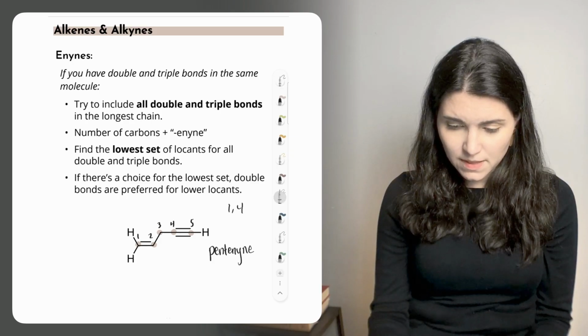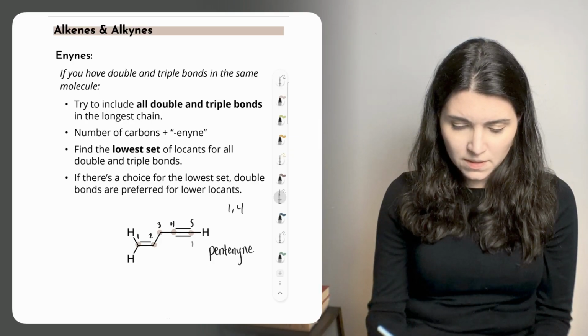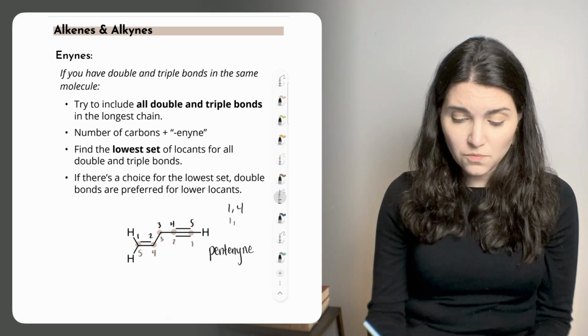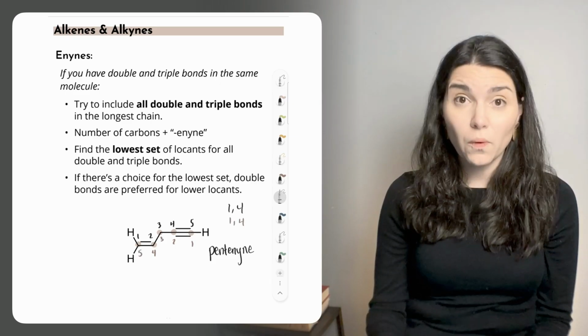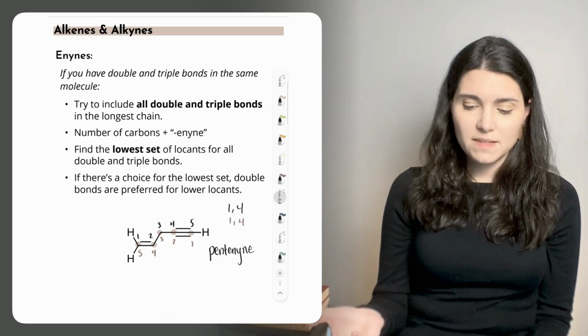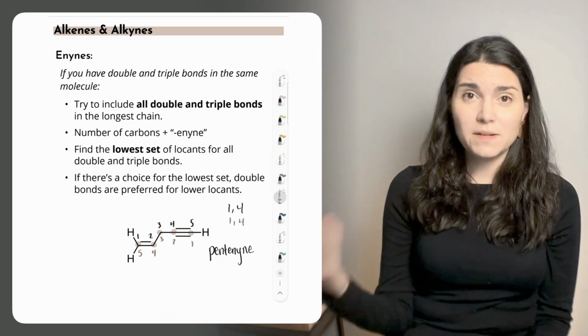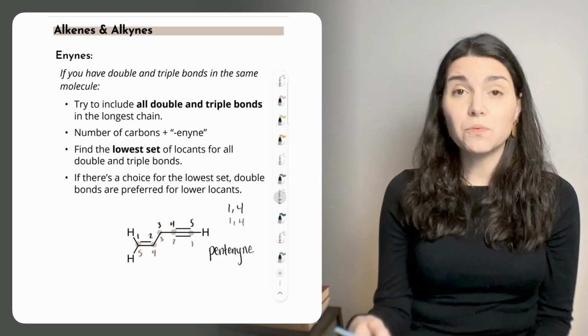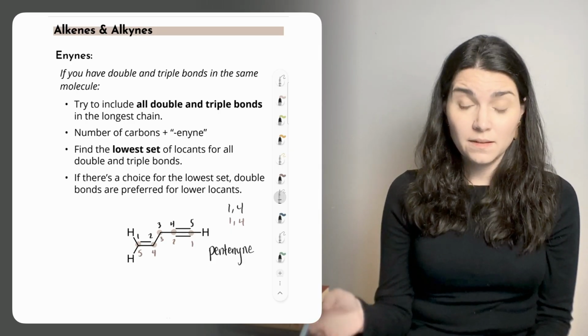And if I do the other direction, we get 1, 2, 3, 4, 5. So we also have 1 and 4. The only difference is that you've got a triple bond on 1 and a double bond on 4, or vice versa. And so how do we choose between these sets?